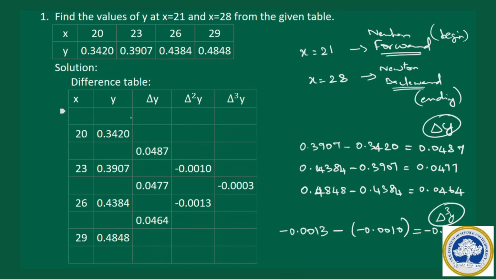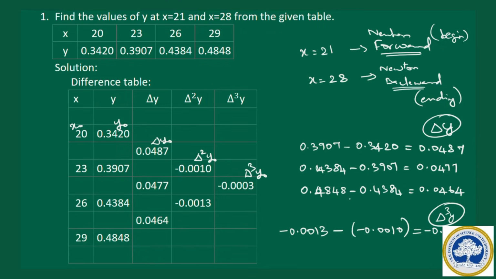Now if you notice, all the top values I told you that it is delta y naught, delta square y naught, everything. Similarly all the last values I told you that it is denoted as yn. So all the first values should be taken for the forward difference formula, and all the last values should be taken for the backward difference formula, right? So this is x naught, this is y naught, and this is delta y naught, this is delta square y naught, and this is delta cube y naught.